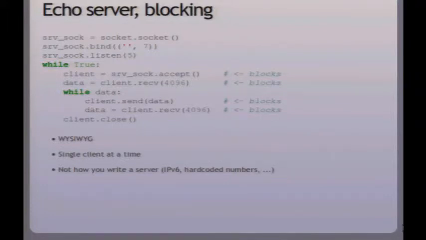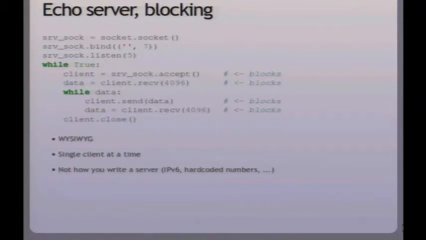Then you need to call listen on it, so your socket will actually be listening. And then you do the accept call. The server will block at that point and wait until the client connects. Once the client is connected, you get the client, which is just another socket, returned.